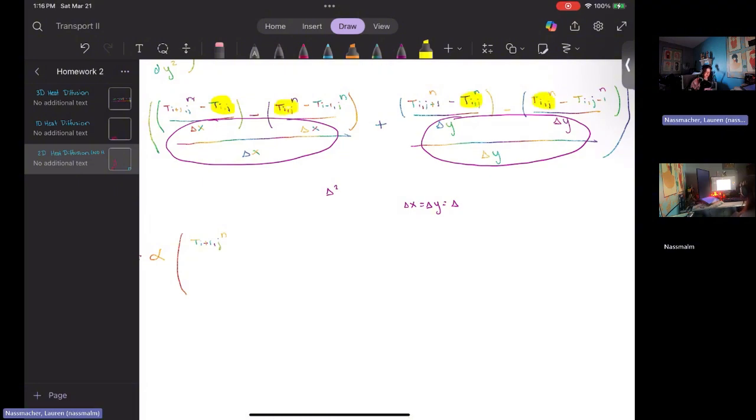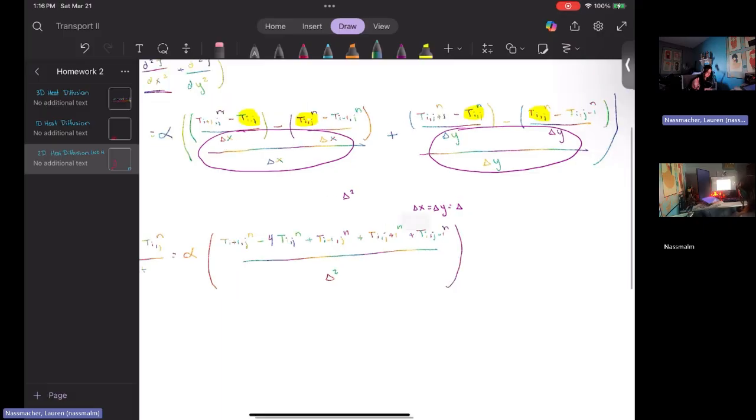So you can combine all of these expressions and say that it's minus 4 times our temperature at the position that we want, time n, plus our temperature at i minus 1, j, n, plus our temperature at i, j plus 1, plus our temperature at i, j minus 1, n. And that is all divided by our change in position squared, like we said before.